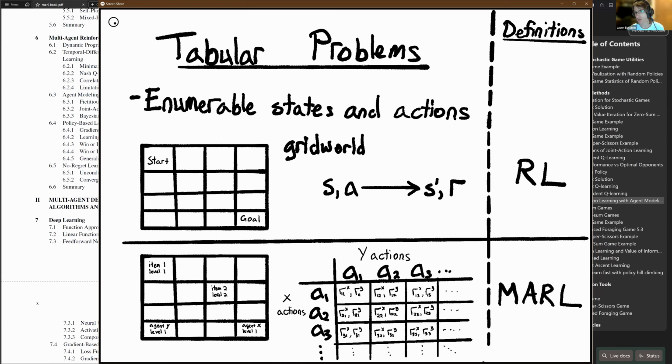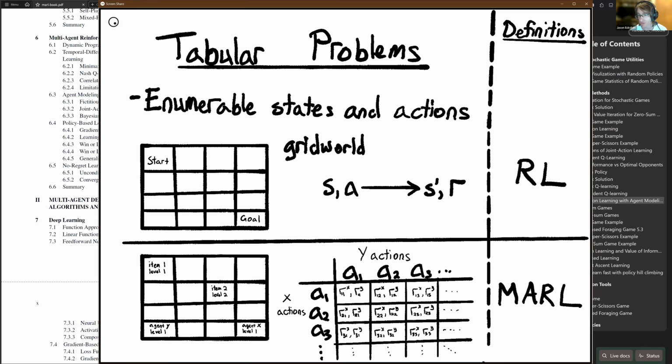As I already said, we're looking at tabular problems where we can enumerate all the states and actions. A common tabular toy problem in reinforcement learning is a grid world problem, which you can see here, where it could be a maze or just a grid with a start and a goal state, and maybe obstacles that block your progress.